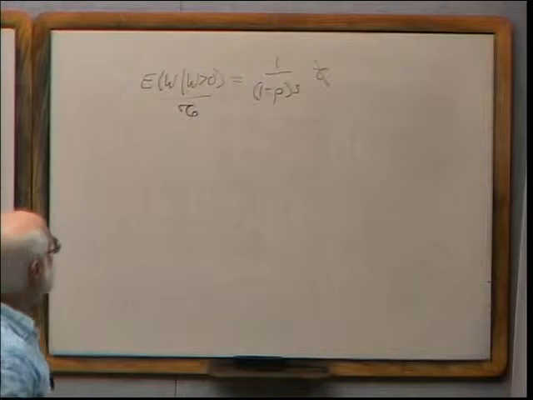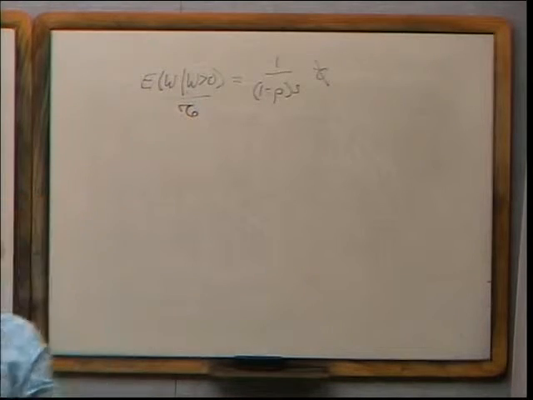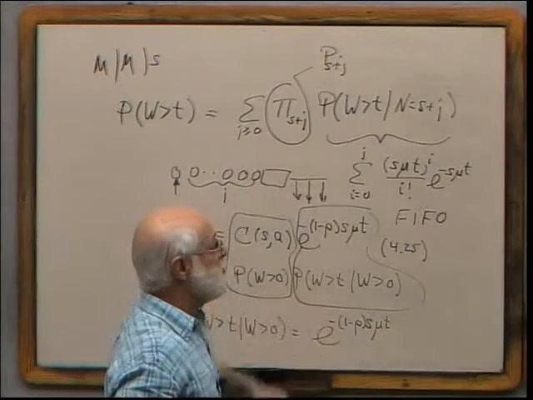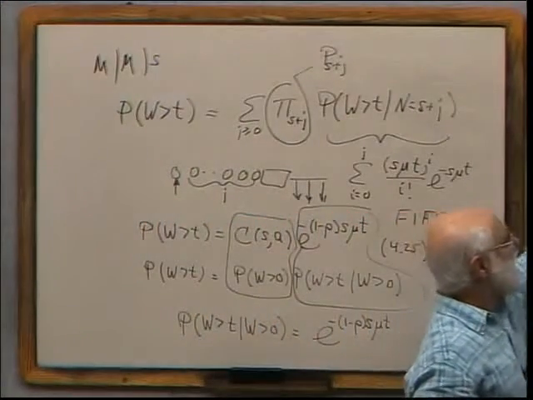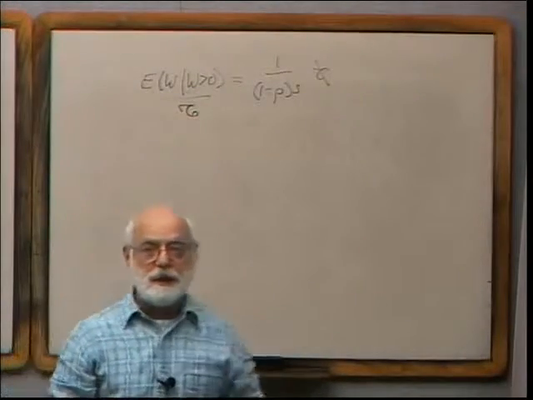Now notice that, although this result requires that I have FIFO service, because that's where it came from, it will turn out to be true for any order of service, and I'm going to prove that shortly. So this is very important.